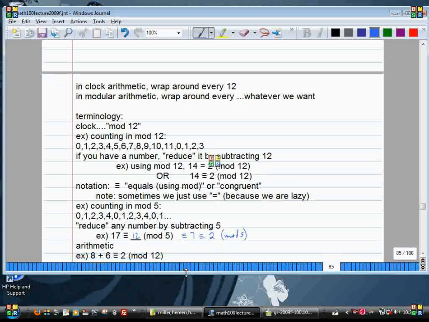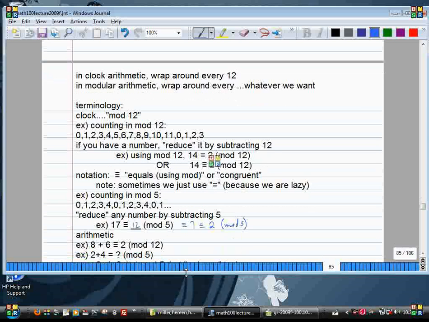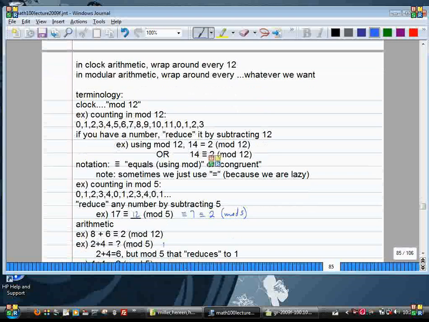So how do we write this out? Here's the thing that we said before, but just written in fancy math terminology. 8 plus 6 equals 2 mod 12. Okay. Now 2 plus 4 equals what, mod 5? This is 1, exactly. Okay.